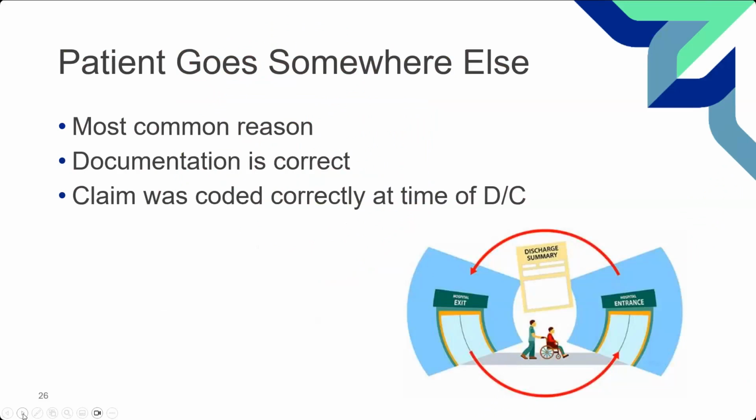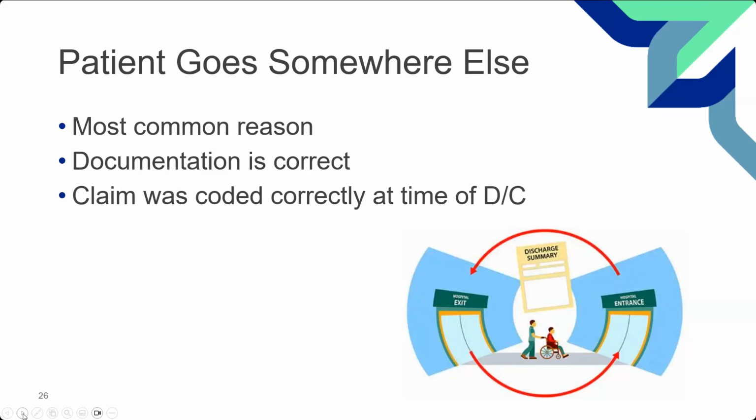So the first one is the patient goes somewhere else. This is probably one of the most common reasons an error happens on reporting the discharge status code. As we mentioned before, it could be that the patient was supposed to go to one place and didn't, or the patient was supposed to start a home health episode of care after discharge, but that didn't start timely.